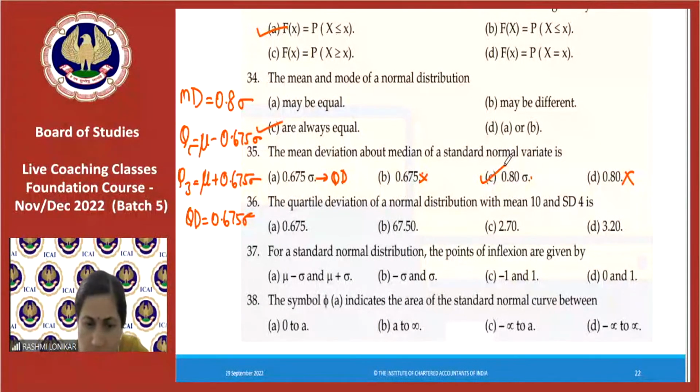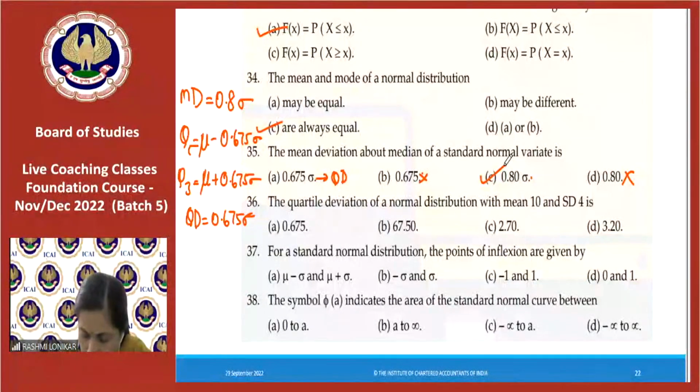Yes. So 36, can you give me the answer? Yes, Sudhanshu, correct. 34 is correct for you. Swati, 35. 0.8 times sigma will be the correct answer. Yes, Bibhu, correct.